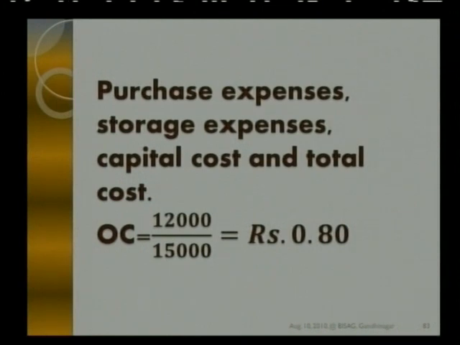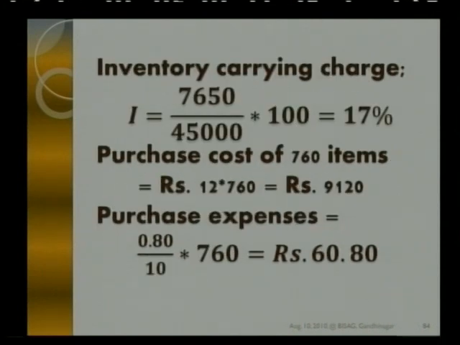So the ordering cost per order is nothing but 12,000 divided by 15,000, that is 0.80 rupees. The inventory carrying charge is nothing but 7650 upon 45,000 rupees multiplied by 100, that will give you 17% of the total inventory. The purchase cost of 760 units is 760 multiplied by the purchase cost per unit, which is nothing but 9120 rupees.